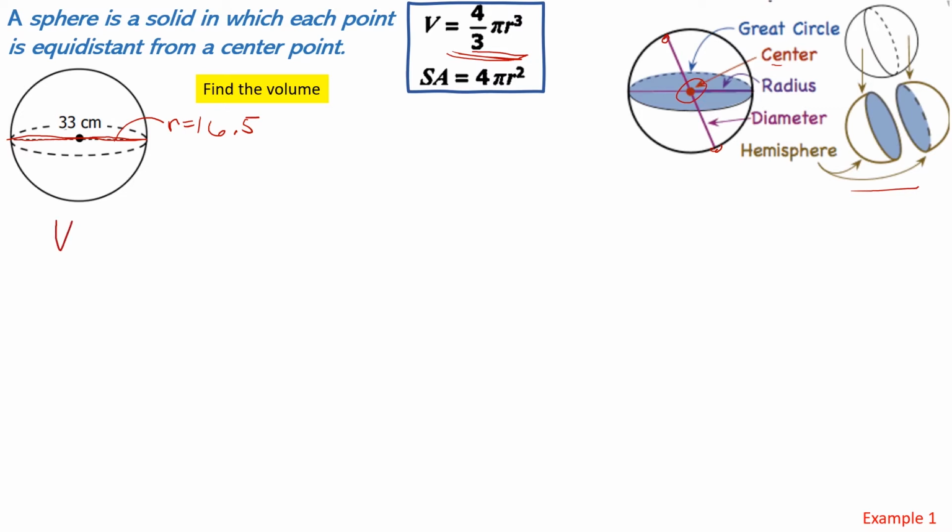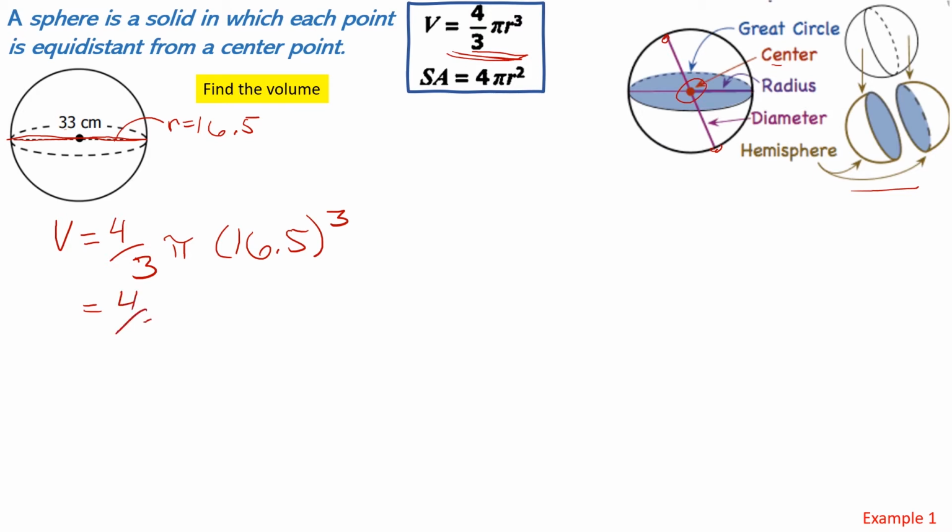Now I'm just going to plug it in. Volume equals 4/3 times pi times the radius, which is 16.5 cubed. Order of operations, I do exponents first. So 16.5 cubed gives me 4,492.125.